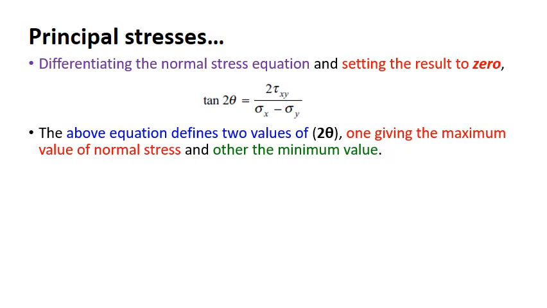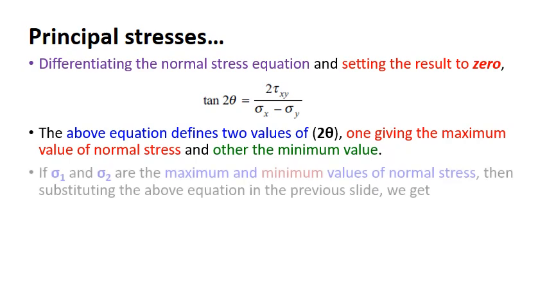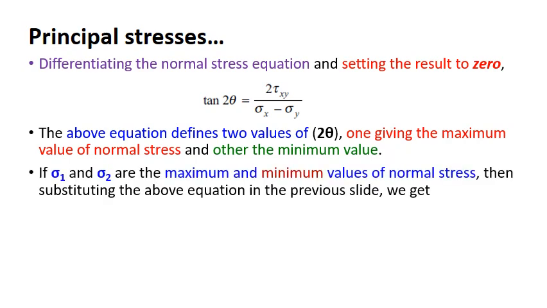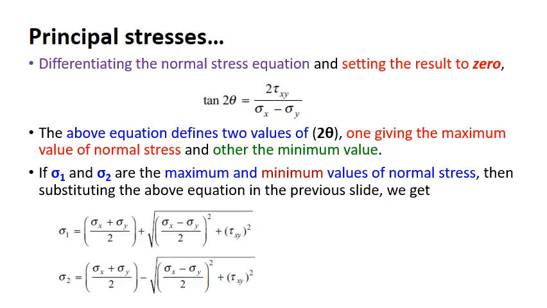That is, two planes, on one of which you have the maximum value of the normal stress, and on the other plane you will have the minimum value of the normal stress. This maximum value and minimum value we denote as sigma 1 and sigma 2. You substitute this in the previous equation and you will get the sigma 1 and sigma 2 expressions. Sigma 1 will take plus and sigma 2 will take minus.